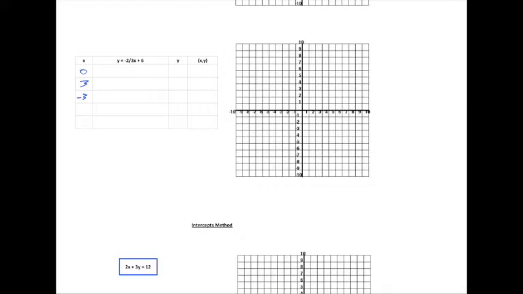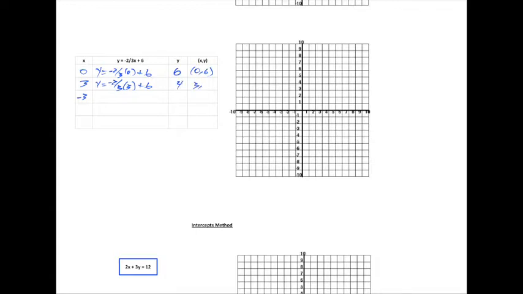So let's plug in 0. We're going to have y equals a negative 2/3 times 0 plus 6. Well, negative 2/3 times 0 is 0. 0 plus 6 is 6. And so we have an ordered pair of (0, 6). Now I'm going to plug in the 3. Negative 2/3 times 3, the 3's are going to cancel, and we have a negative 2 plus 6 is 4.